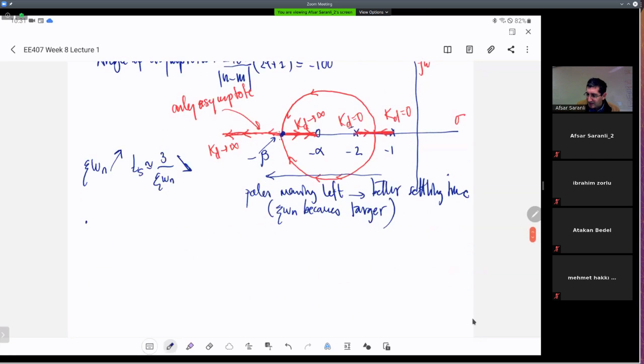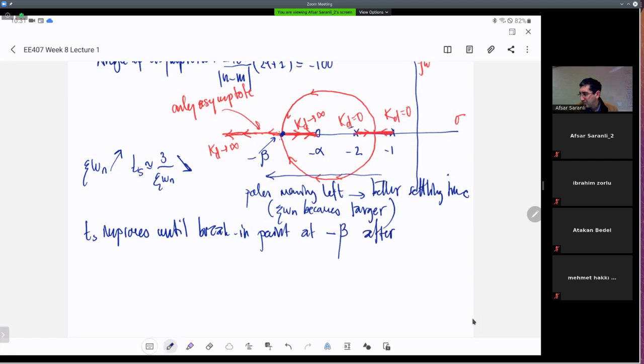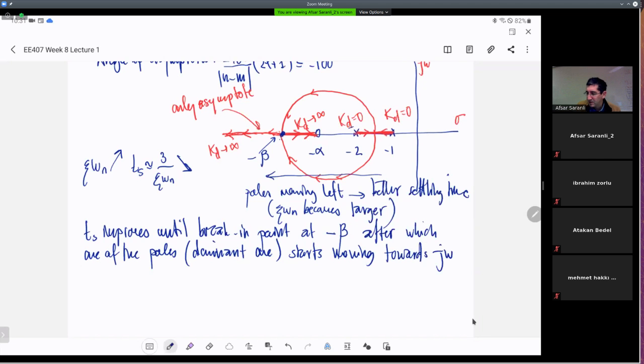So Ts improves until the break-in point at minus beta, after which one of the poles, the dominant one, starts moving towards the j omega axis, again reducing the dominant psi omega n value, increasing Ts.